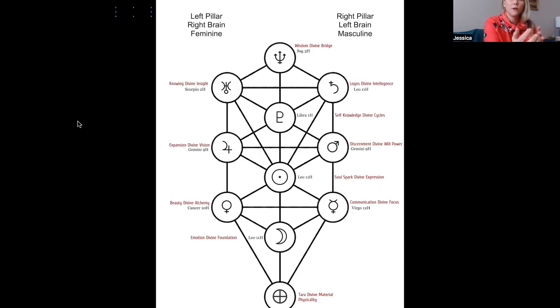And so then the energy, the emanation, that energy that enlivens everything, moves from the structure, which we need to bring forth the energy that enlivens us into this physical world. So Saturn is always there first. And then it goes to Uranus, which is knowing, divine insight.